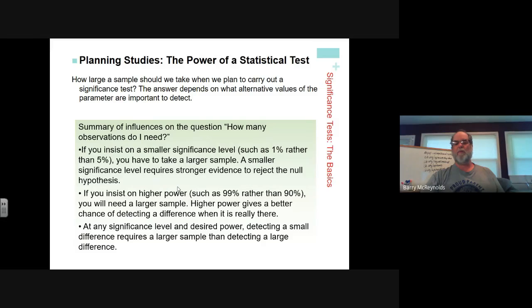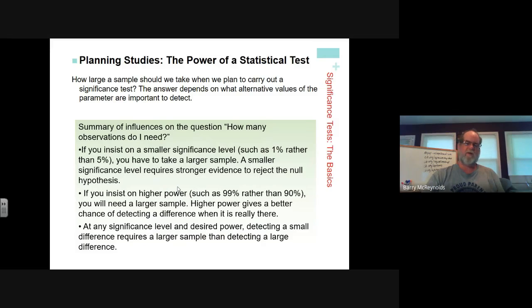So another way of looking at it is smaller significance or higher power just requires more resources. So in the real world, we have this balance between wanting to reduce the chance of making type 1 or type 2 error against the practicality of how many samples I can really take.